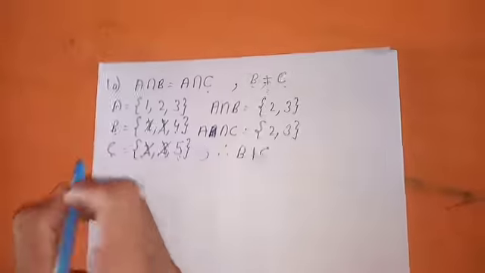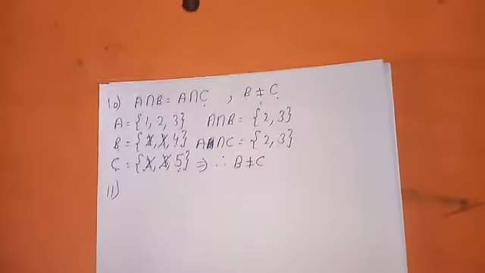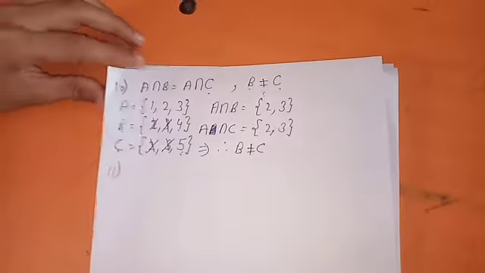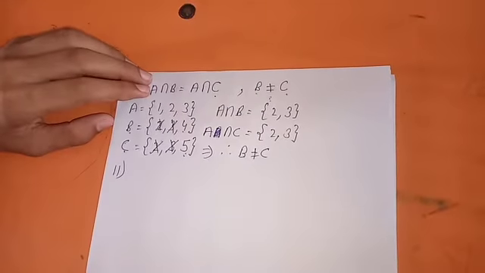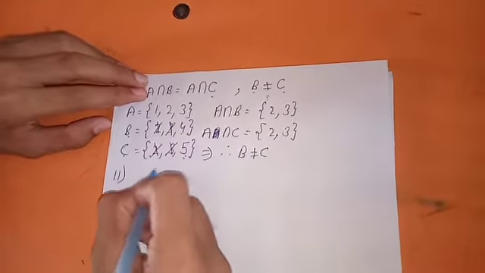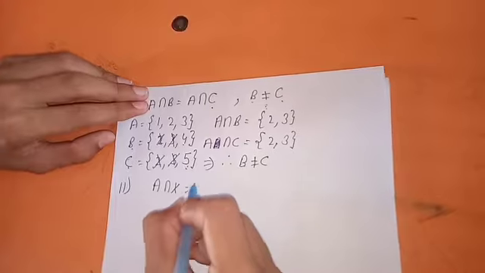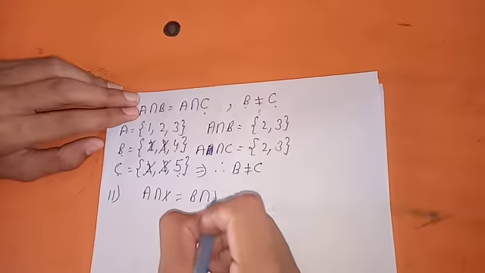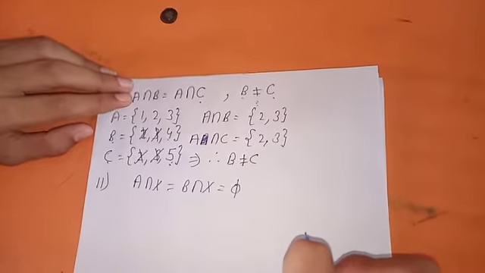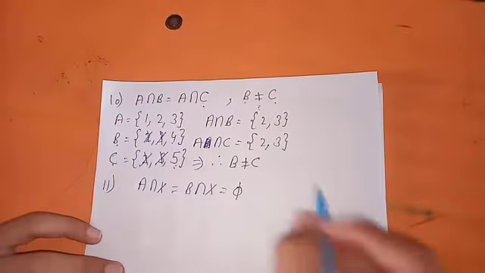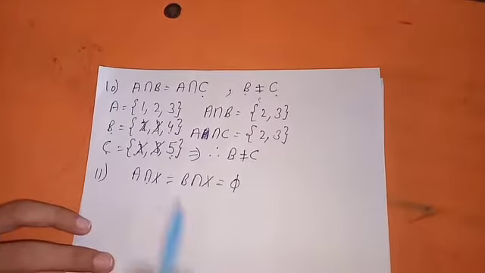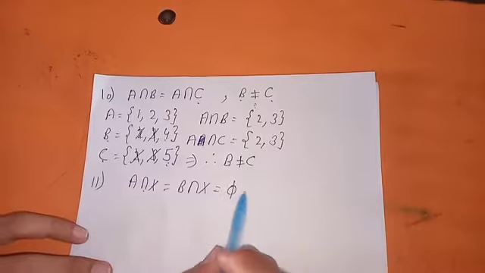Okay, question number 11 is, let A and B be sets. Okay, so two sets are given to us, A and B. If A intersection X is equal to B intersection X, and that is equal to empty set, so that means no element is common between B and X and A and X. Okay, but still they are equal because it is empty.